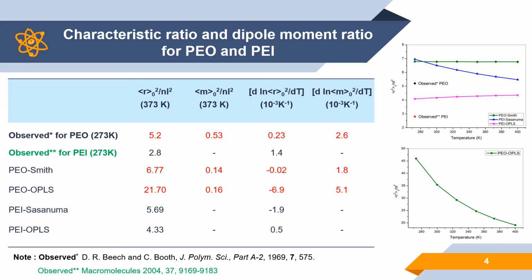Both RIS models give characteristic ratio larger than experimental value, especially from OPLS, but smaller dipole moment ratio. For PI, both RIS models give the characteristic ratio larger than experiment.